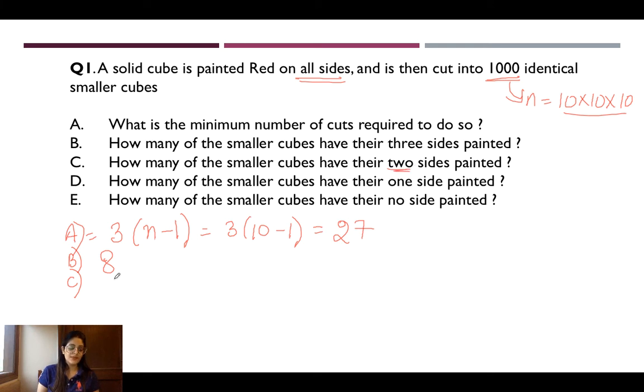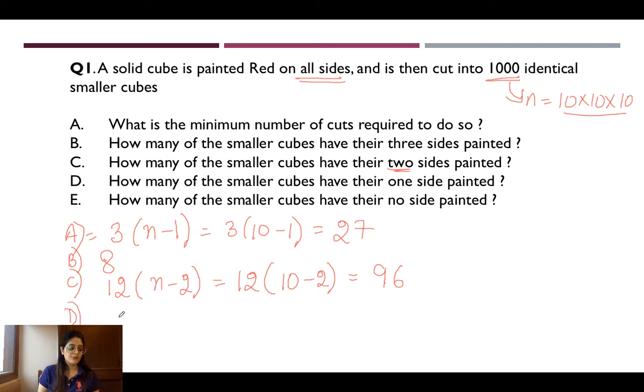So for 2 sides painted the formula is 12 into (n minus 2). So quickly 12 into 10 minus 2, which is 10 minus 2 is 8 and 8 12s are going to be 96.